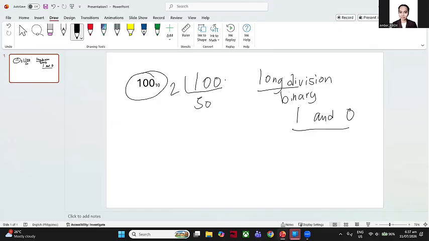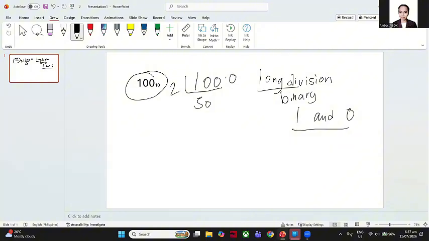50. Since 2 is always divisible into even numbers like 0, 2, 4, 6, 8, this one can divide, which means there's no remainder. So 0.